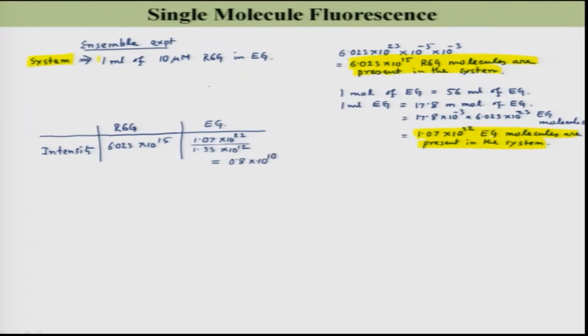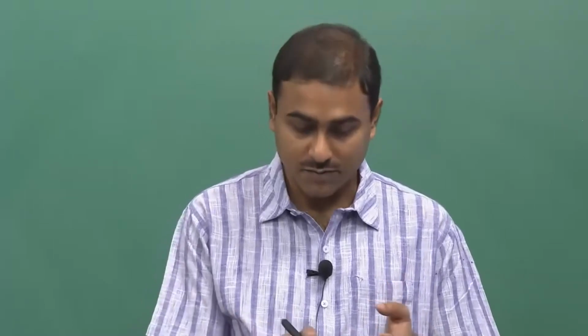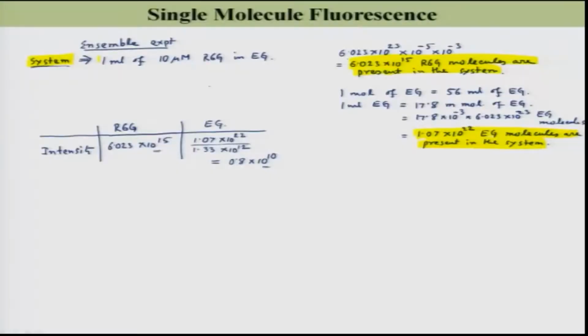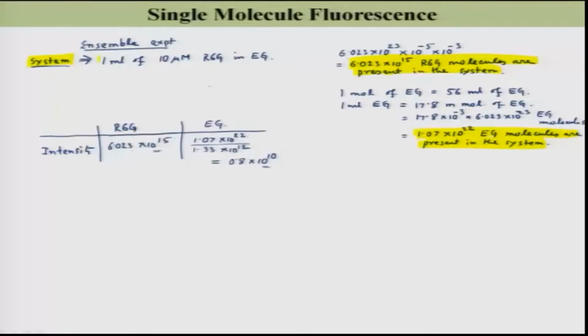So, as you can see here, the intensity of emission from the rhodamine 6G is 10 to the power 15, and the intensity of Raman scattering from this ethylene glycol is 10 to the power 10, which is much smaller, right, compared to the intensity of rhodamine 6G. Now, for such a case in this system, that is 10 micromolar rhodamine 6G in ethylene glycol, and I have taken 1 ml of such solution, I can simply convert this and write this as 1.